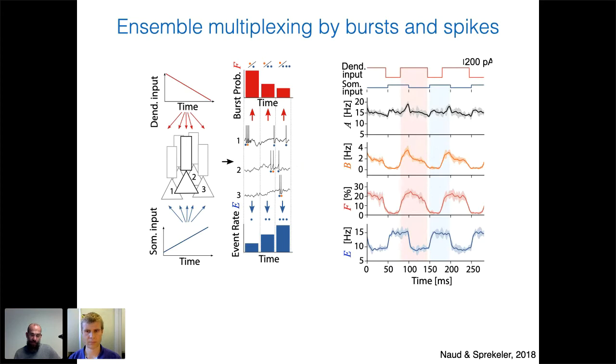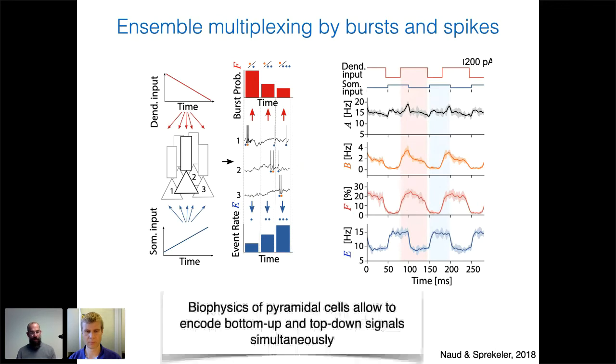And the burst fraction, the proportion of events that are bursts, is a very nice mirror image of this red line up here, which is the dendritic input. So you basically encode both of these things at the same time if you look at the temporal patterns that these neurons generate. That's basically saying that just the biophysics of pyramidal cells allows you to encode bottom-up and top-down signals simultaneously by exploiting spike patterns.